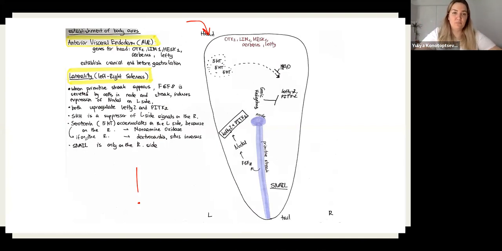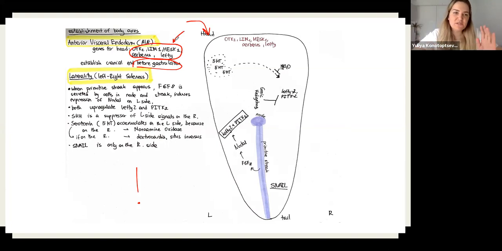Randomly, before gastrulation, so approximately on day 13, 14, 5 genes are being expressed. I highly doubt you need to know them, but next semester you definitely need to know them.